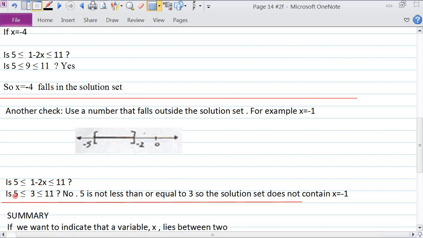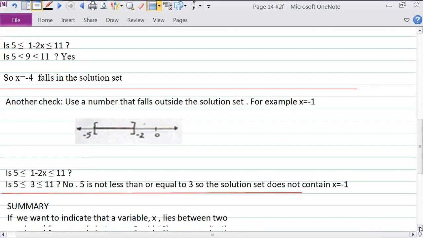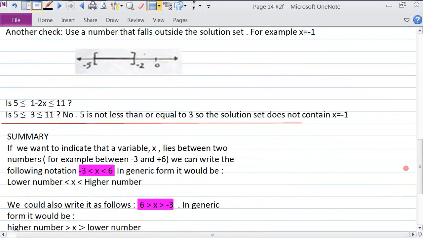We ask ourselves, is 5 less than or equal to 3 less than or equal to 11? Well, certainly 3 is less than or equal to 11, but 5 is not less than 3. So by choosing that point, we have shown a point outside the solution set, and the inequality does not hold true.